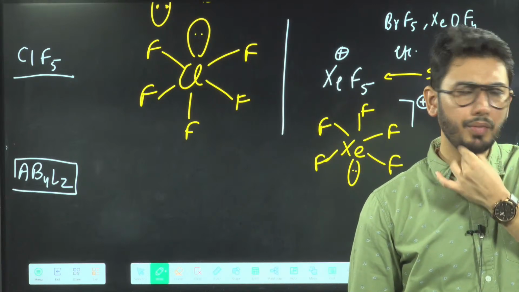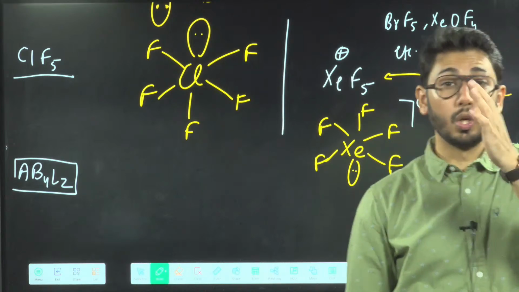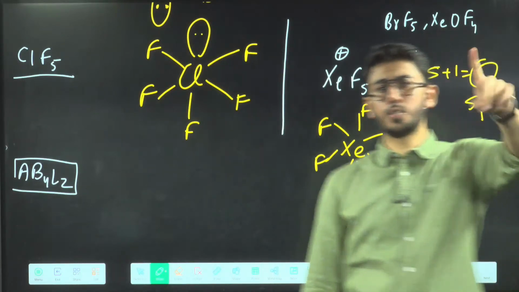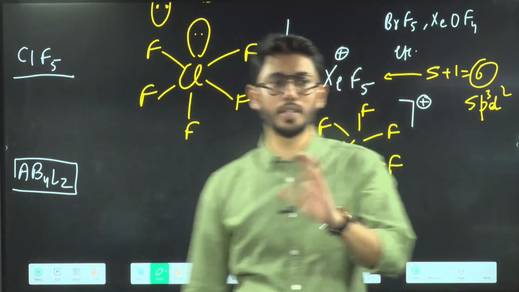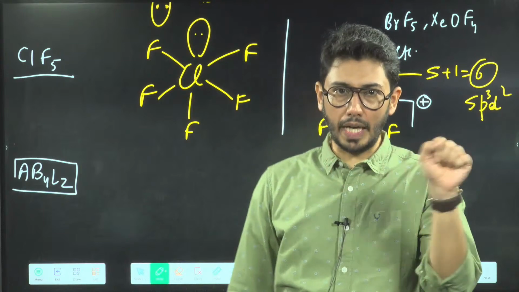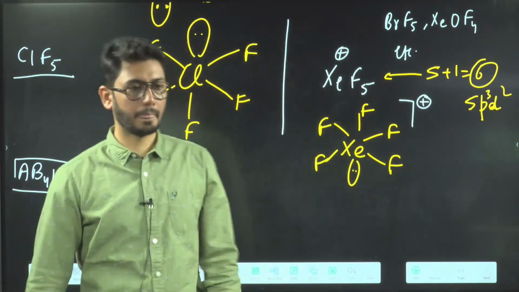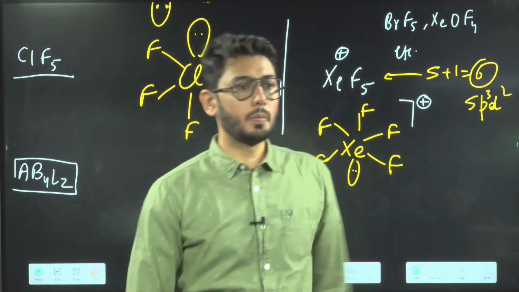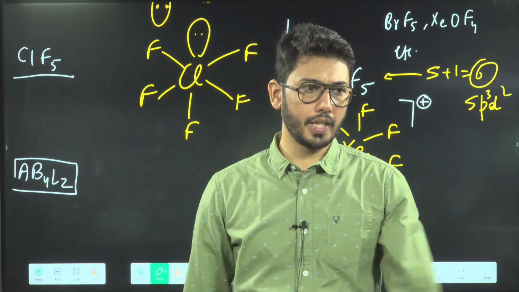Okay. Next is AB4L2. How many bond pairs? 4. How many lone pairs? 2. Where should they be, at any position, or at a particular orientation? Yes, very good. Sajid responded, Kavita responded, 180.